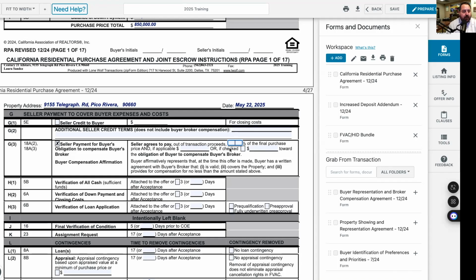The amount of compensation that is in this box in paragraph 3G3 cannot exceed the amount of compensation you are being paid by your buyer in the buyer representation and broker compensation agreement. That's it. It's something that all of you need to understand.